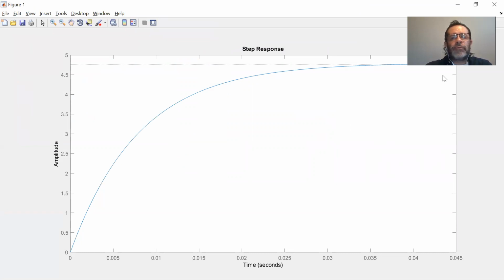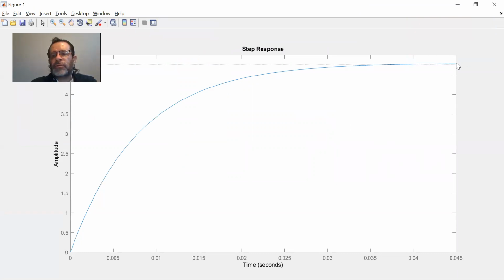And notice that if we go over here, we can click steady state, which is going to be the last value. If we click here, we're going to see that the final value is 4.76. That means that I'm telling this system to go to 5, which is the reference, and it's never reaching 5. The maximum value it reaches is 4.76.